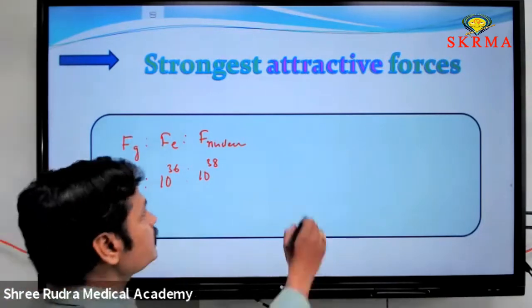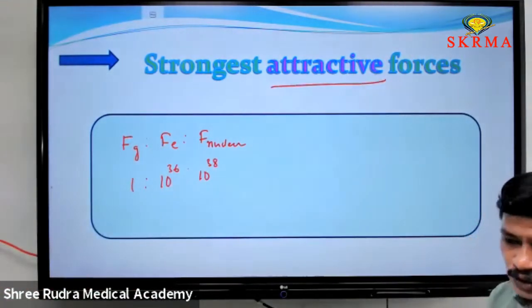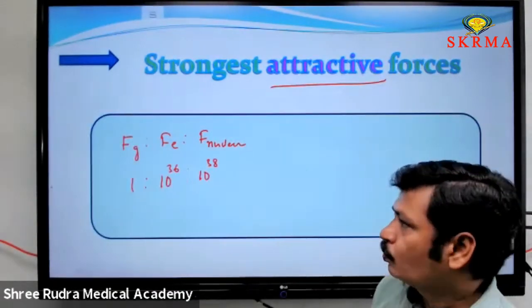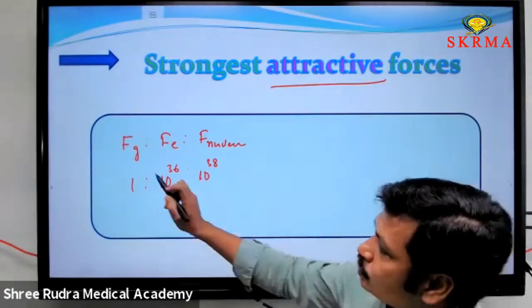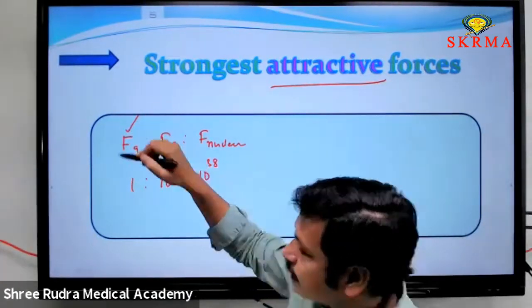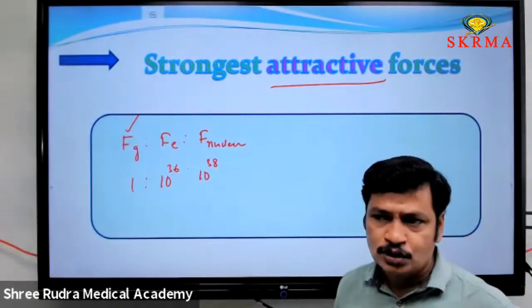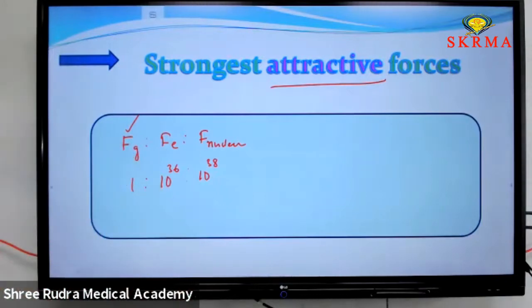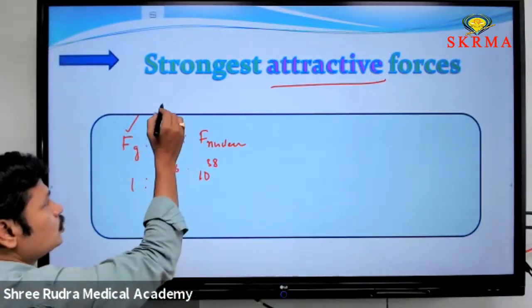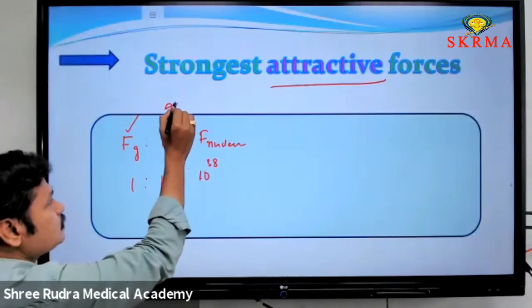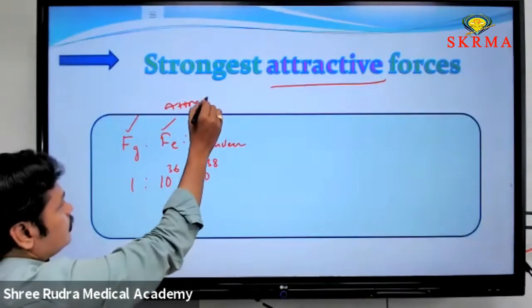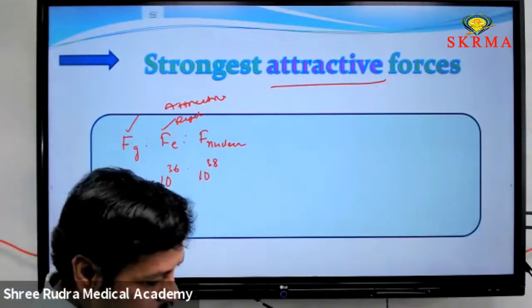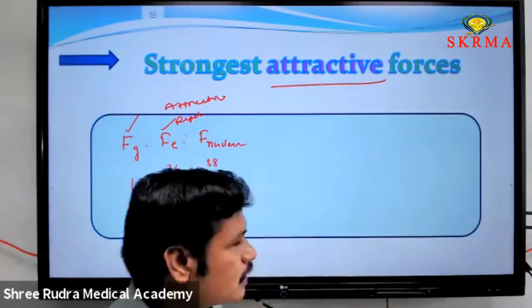Another important thing here is that nuclear forces are attractive forces only. The gravitational force is attractive only; we should not speak about repulsion in the case of gravity. In electrostatic forces we observe both attractive and repulsive forces, that is, like charges repel each other and unlike charges attract.